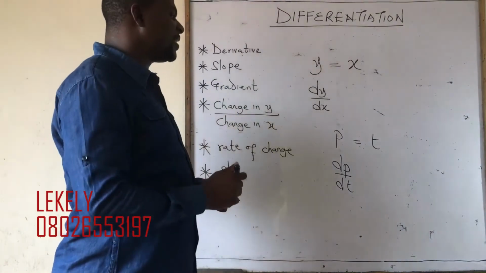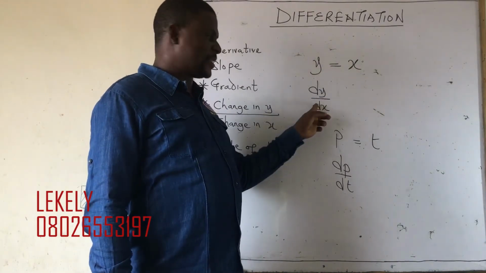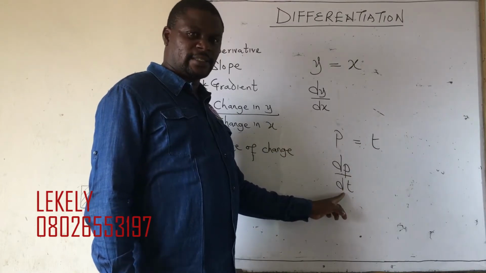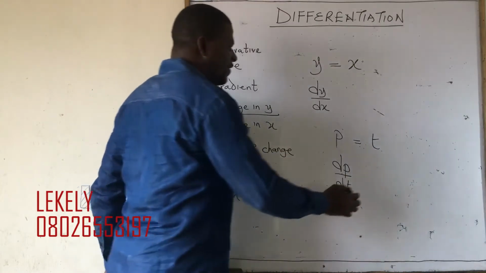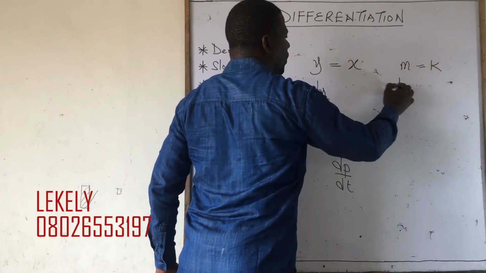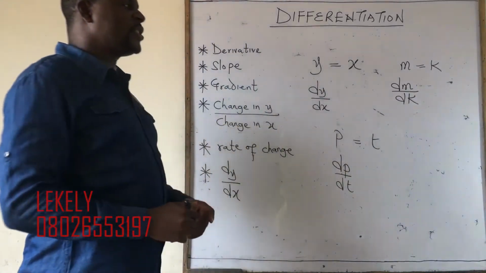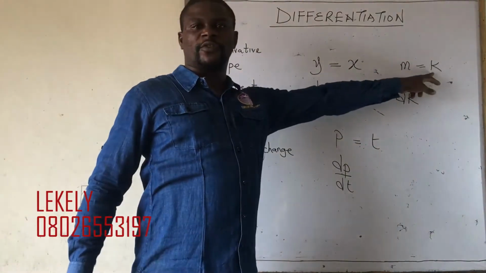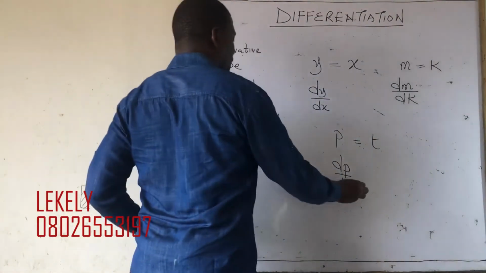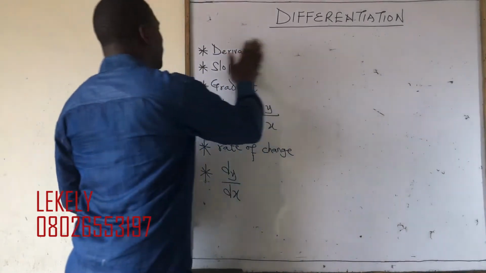So this is saying change in y as a result of change in x. This is change in p as a result of change in t. So if I have m and k at the other side, what I'll find is dm dk. That is change in m as a result of change in what? In k.